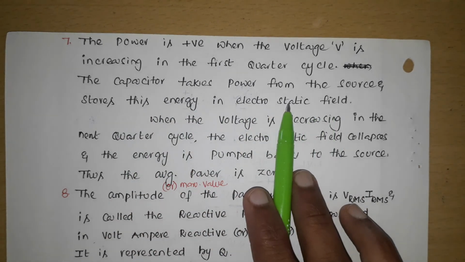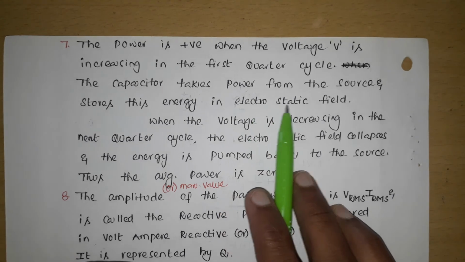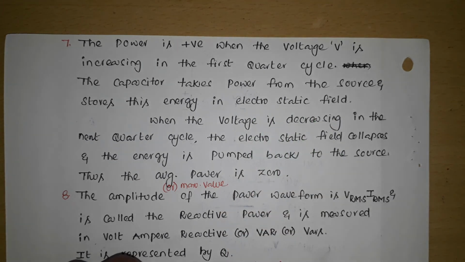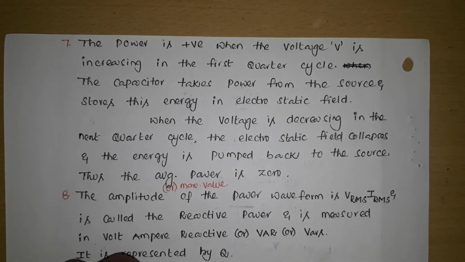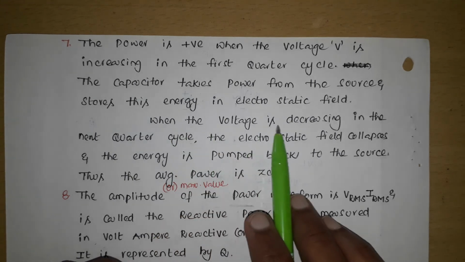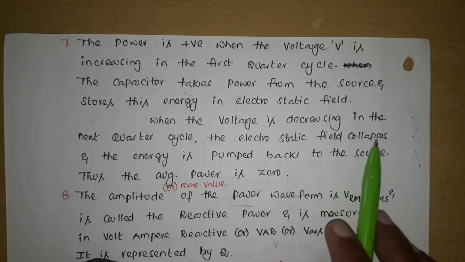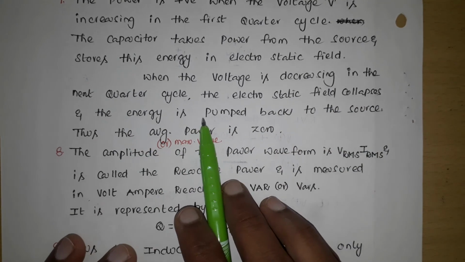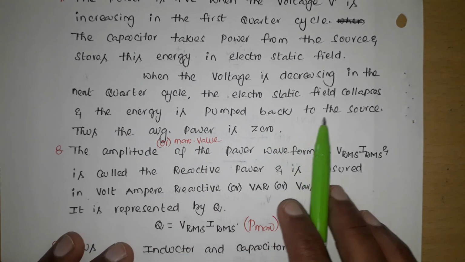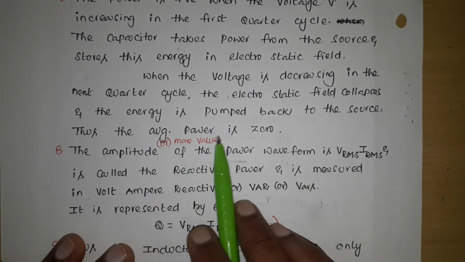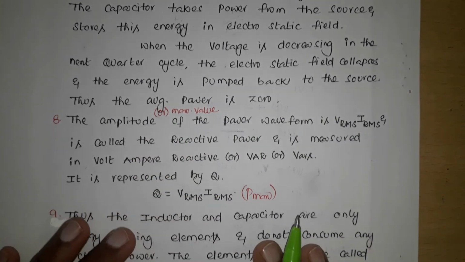Always, a capacitor stores energy in the electrostatic field, and an inductor stores energy in the magnetic field. When the voltage is decreasing in the next quarter cycle, the electrostatic field collapses and the energy is pumped back to the source. Thus the average power is 0.